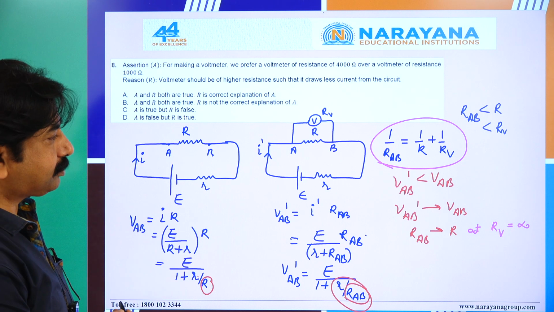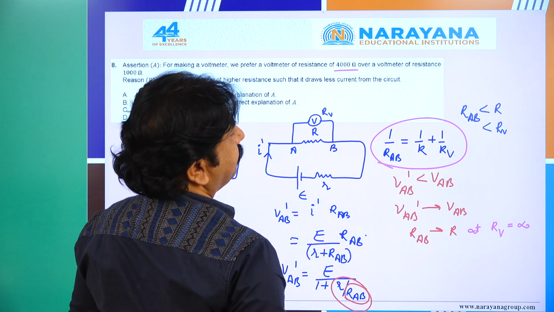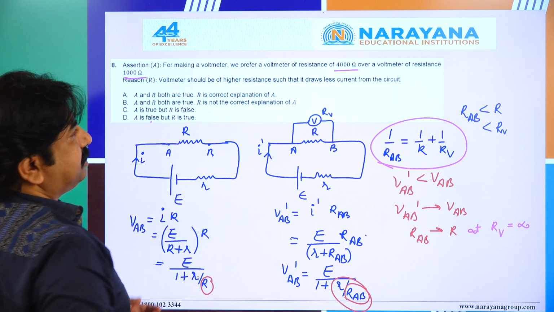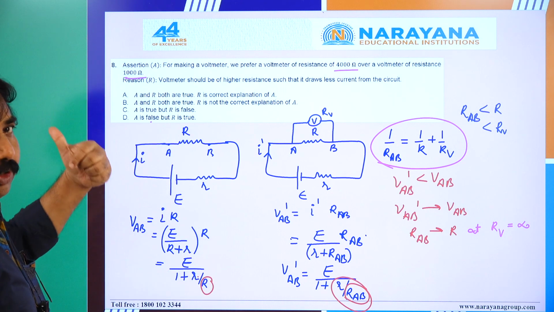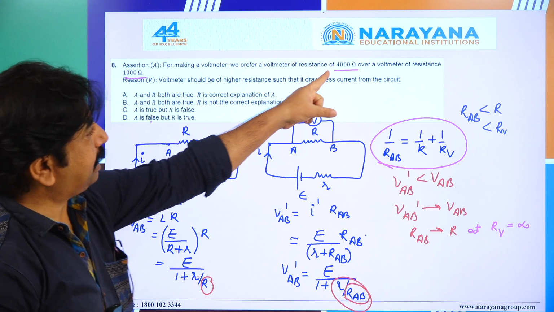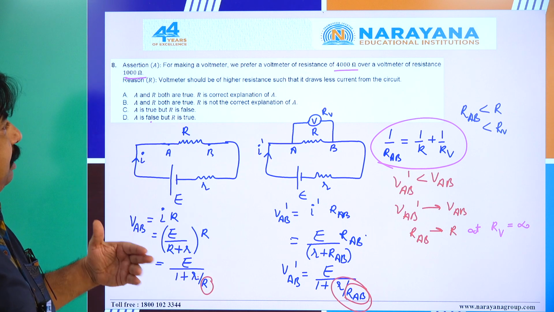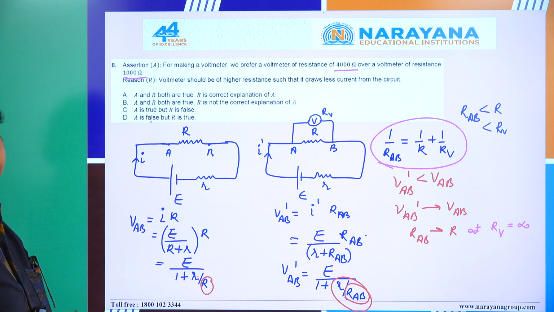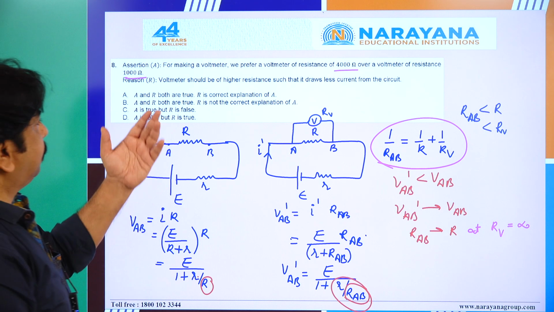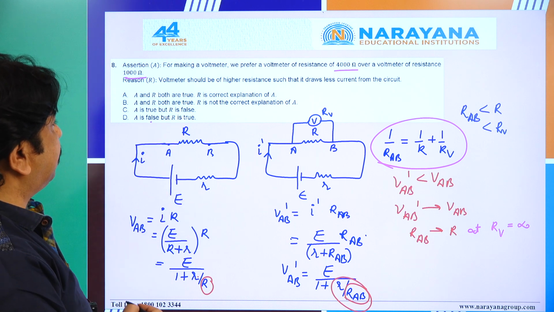Now here they are saying the first one is 4000 ohm and the second one is 1000 ohm. As 4000 is higher than 1000, the higher resistance voltmeter is preferable to calculate the potential difference between any 2 points in the circuit. The second one, actually there is the reason here. Now concentrate on the reason.